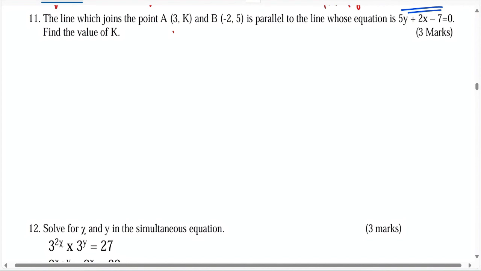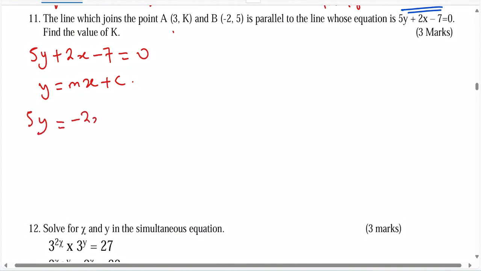Sawa. So ukiona hii ndio equation yetu 5y plus 2x minus 7 equal to 0. Iweke in the form of y equal to mx plus c, ndio tujue gradient yetu ni gani. So 5y is 2x na negative 7, peleka the other side. So 2x itakuwa ni minus 2x, negative 7 itakuwa ni plus 7.